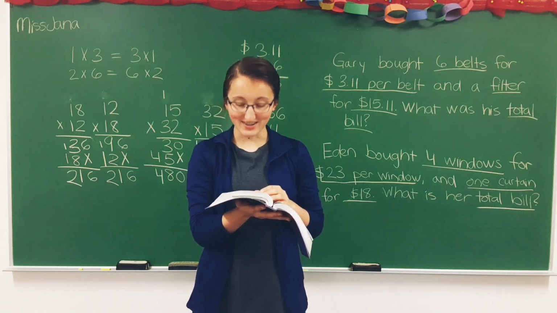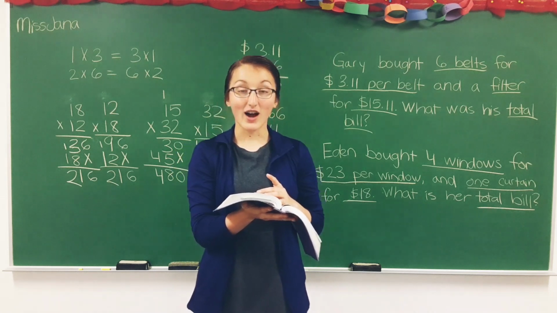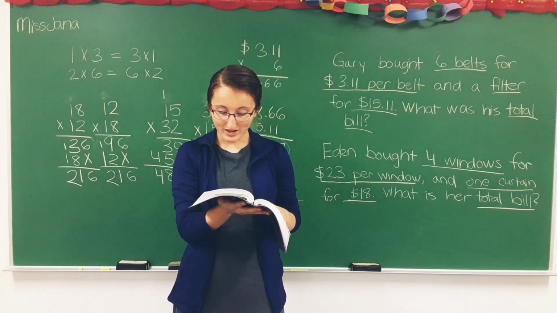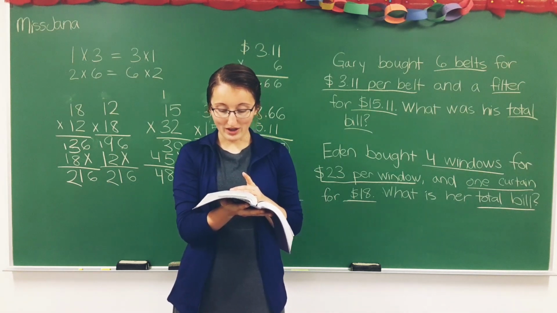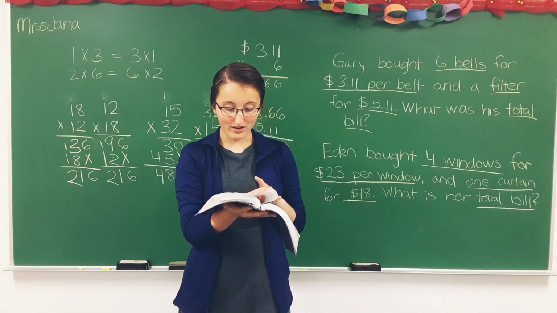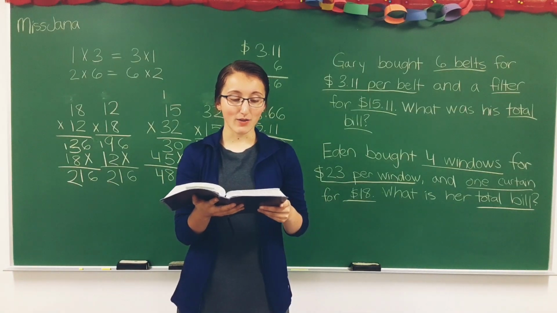Sing praises to God, sing praises. Sing praises to our King, sing praises. For God is the King of all the earth. Sing praises with understanding. God reigns over the nations. God sits on his holy throne. The princes of the people have gathered together, the people of God, the people of the God of Abraham. For the shields of the earth belong to God.